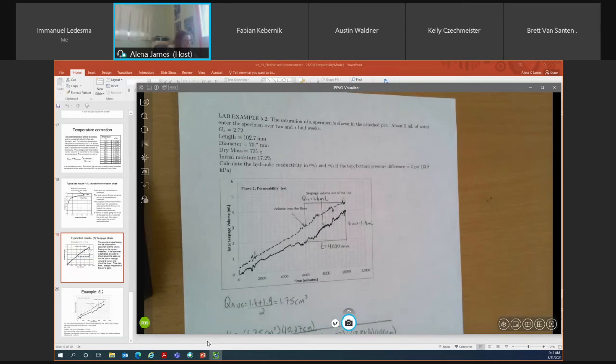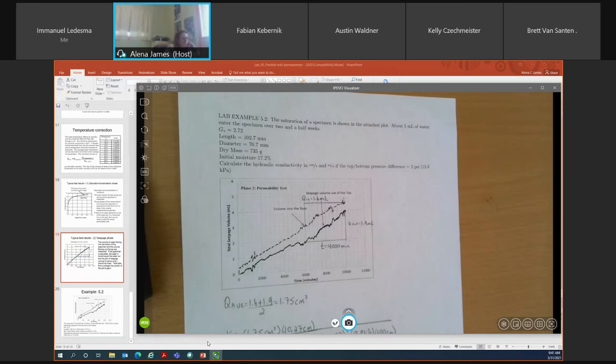About 5 millimeters of water enter the specimen over 2.5 weeks. It gives you a specific gravity, a length of the specimen, the diameter, its dry mass, and its initial moisture content. Then it says calculate the hydraulic conductivity in centimeters per second and meters per second if the top and bottom pressure difference is 2 psi or 13.8 kPa.